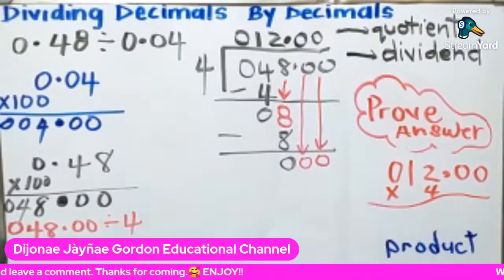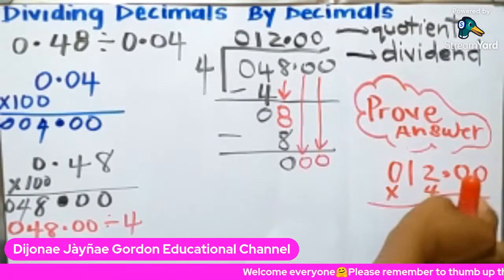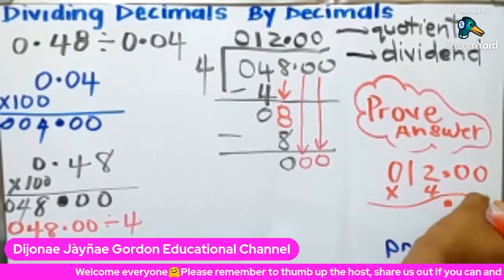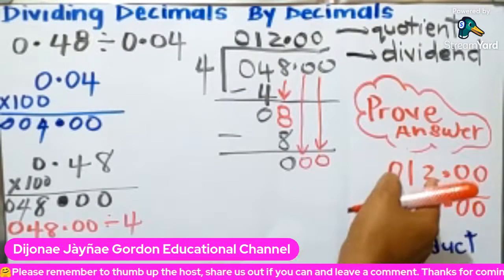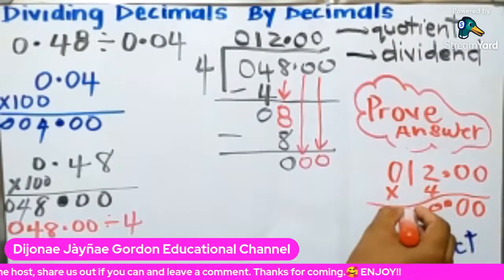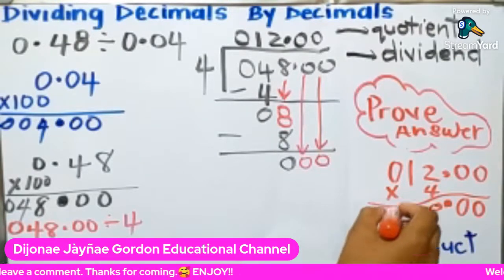Let's go right ahead and do this. I put my decimal place, and then we have 2 digits coming after our decimal place. 4 multiplied by 0 is 0. 4 multiplied by 0 is 0. Of course, you take 2 multiplied by 4, you get 8. Take 1 multiplied by 4, you get 4. And of course, 0 multiplied by 4, you have 0.